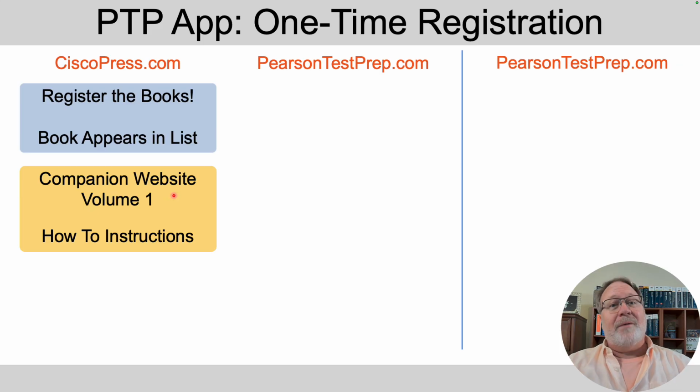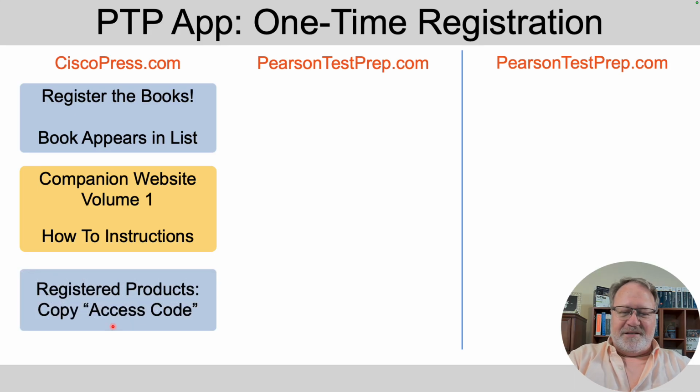It's basically a web page there at Cisco Press that has all the electronic tools listed, electronic study tools. It's also got how-to instructions about the process I'm describing to you right now. And then it's got this access code listed that helps this process work. All right, so that's what you'll see related to this registered products part of the page.